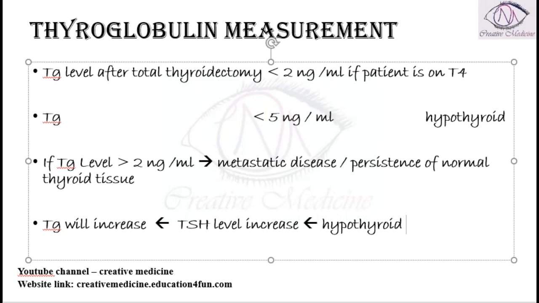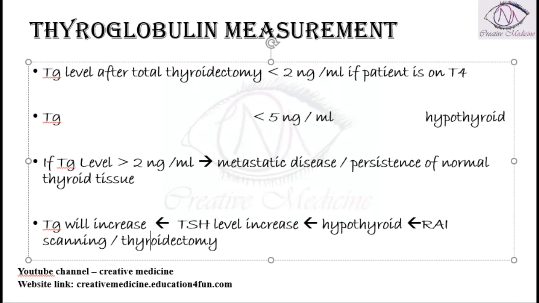In such cases, the thyroglobulin levels will increase due to the increase of TSH levels, which can occur due to hypothyroidism. Why can hypothyroidism occur? Hypothyroidism can occur after radioactive iodine scanning, or it can also occur after thyroidectomy.